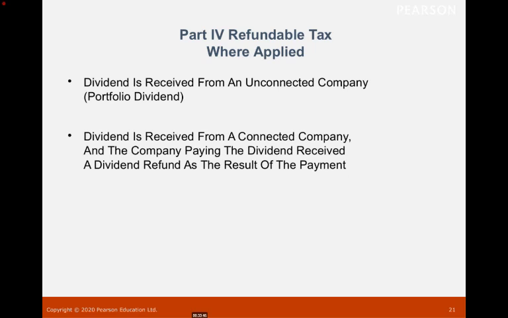Where is this applied? Well, this is for dividends that are received from an unconnected company, i.e., portfolio dividends.